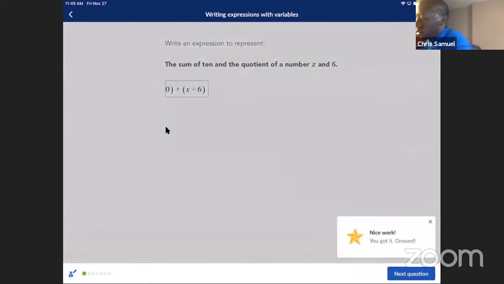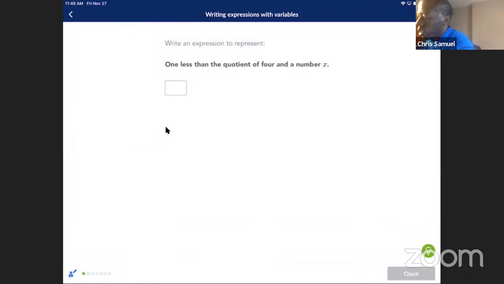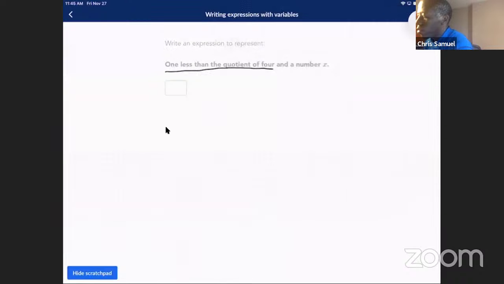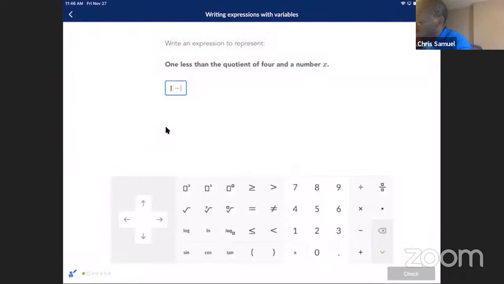This is write an expression to represent 1 less than the quotient of 4 and the number x. So it says here, 1 less than the quotient of 4 and a number x. I think that's what that sounds like. So let's try it out. 1 minus the quotient of 4 and x.